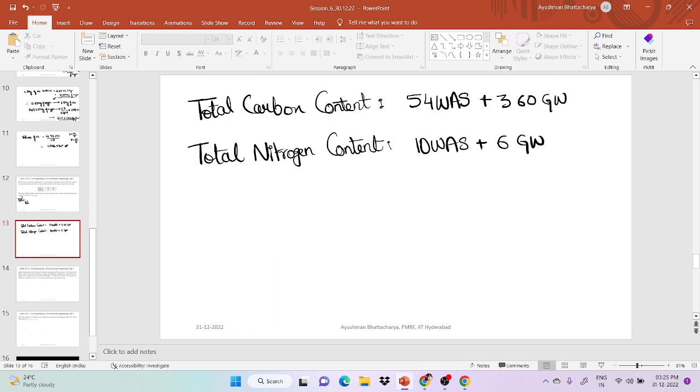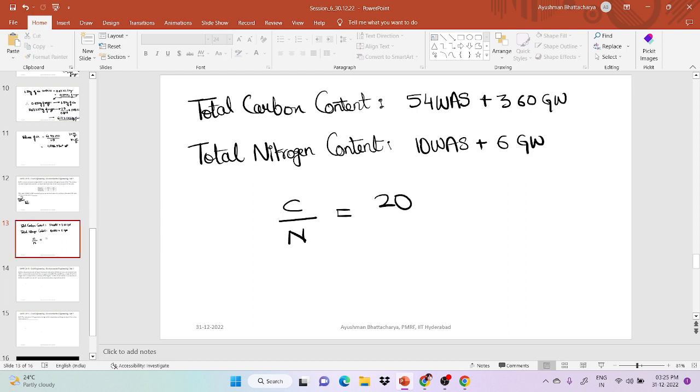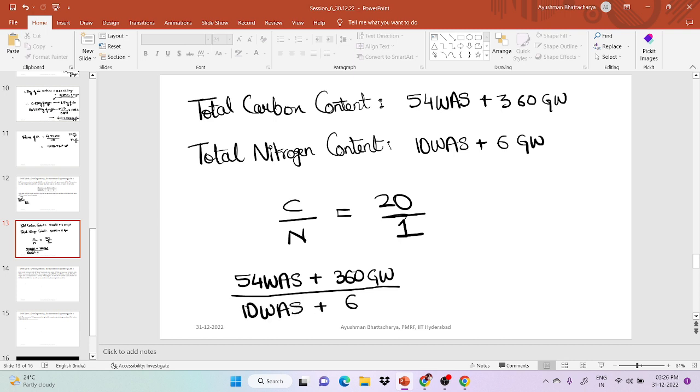Okay, so now if I do the C by N ratio, how much is required? It is 20 to 1. So we can write the C by N ratio required is 20 to 1. So total carbon is how much? 54 WAS (waste activated sludge) plus 360 GW (green waste), divided by total nitrogen content, 10 WAS plus 6 GW, is equal to 20 by 1.